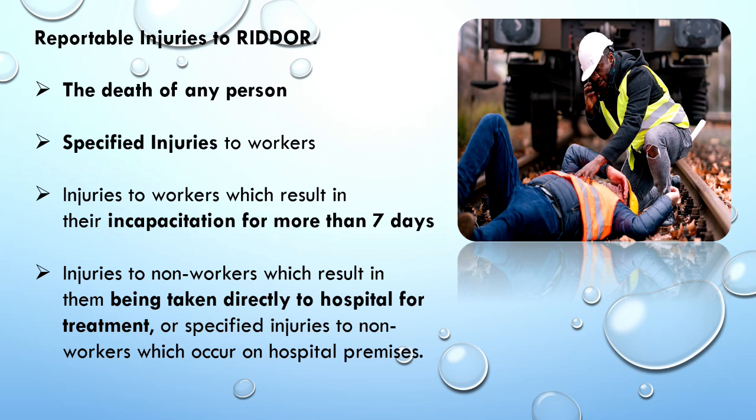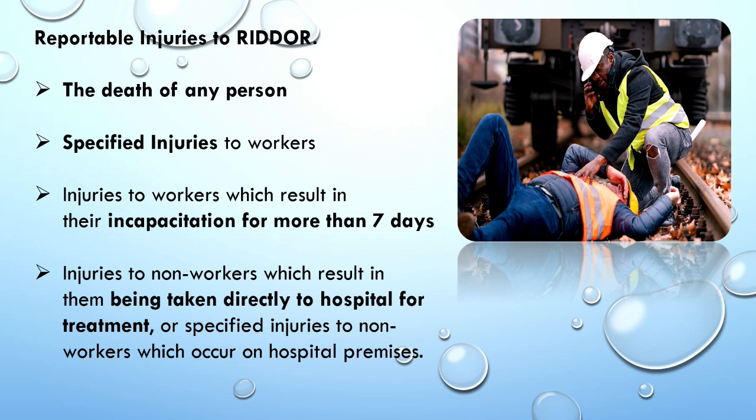Specified injuries to workers; injuries to workers which result in their incapacitation for more than 7 days; injuries to non-workers which result in them being taken directly to hospital for treatment; or specified injuries to non-workers which occur on hospital premises.